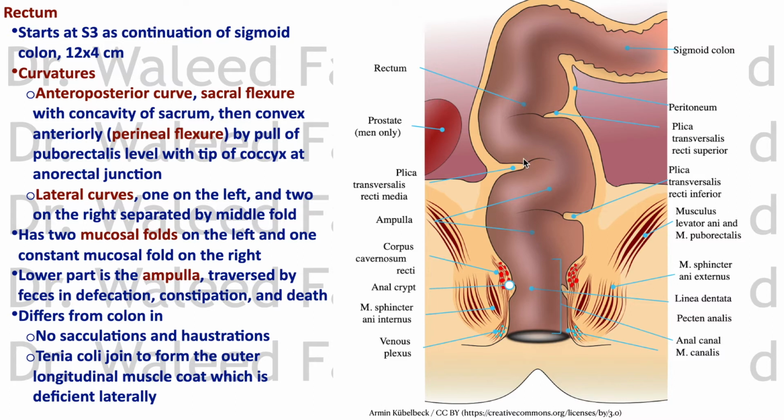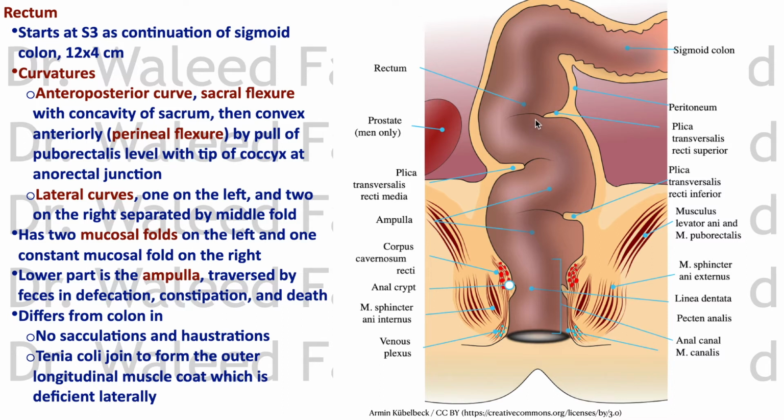Okay. On the left there are two non-constant folds. Maybe not complete folds. By complete I mean that the fold takes the mucosa, circular muscle fibers, and the longitudinal muscle fibers as well.